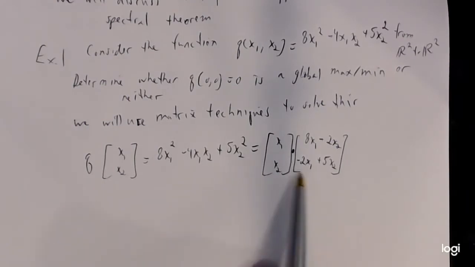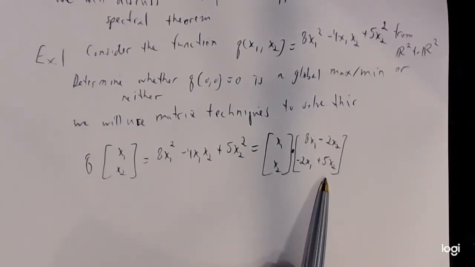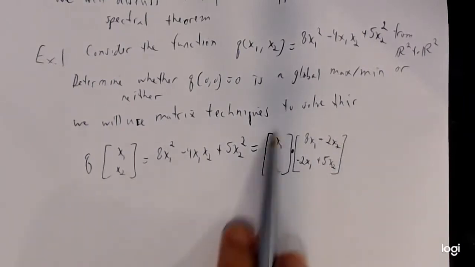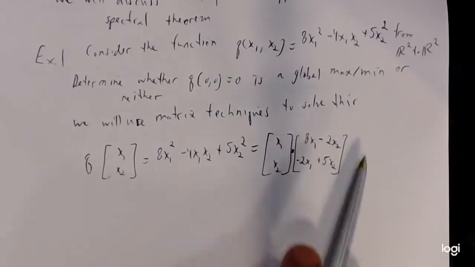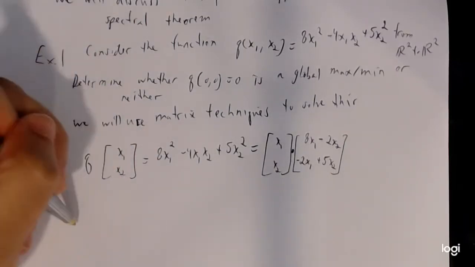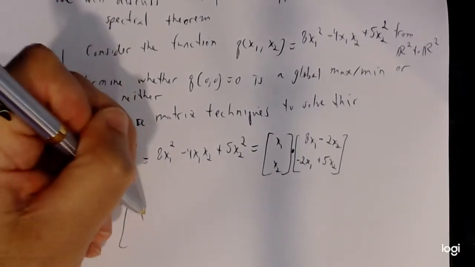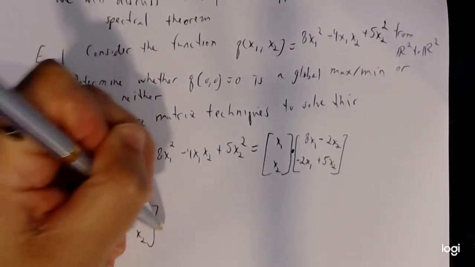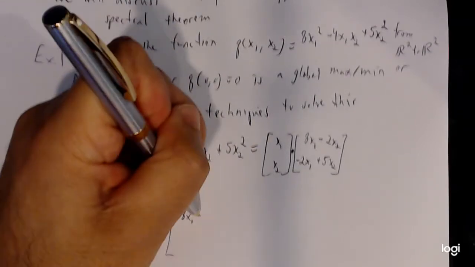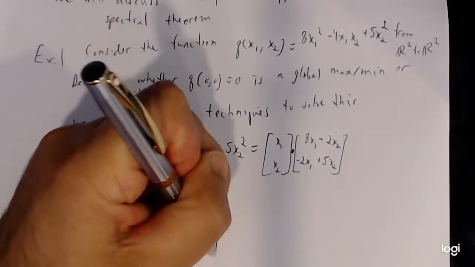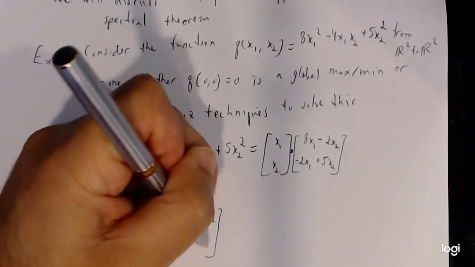So that's how we break this up. I could take this further, because I still don't have my matrix; this is a vector dotted with a vector. We can write x sub 1, x sub 2 dotted with 8x sub 1 minus 2x sub 2, minus 2x sub 1 plus 5x sub 2.